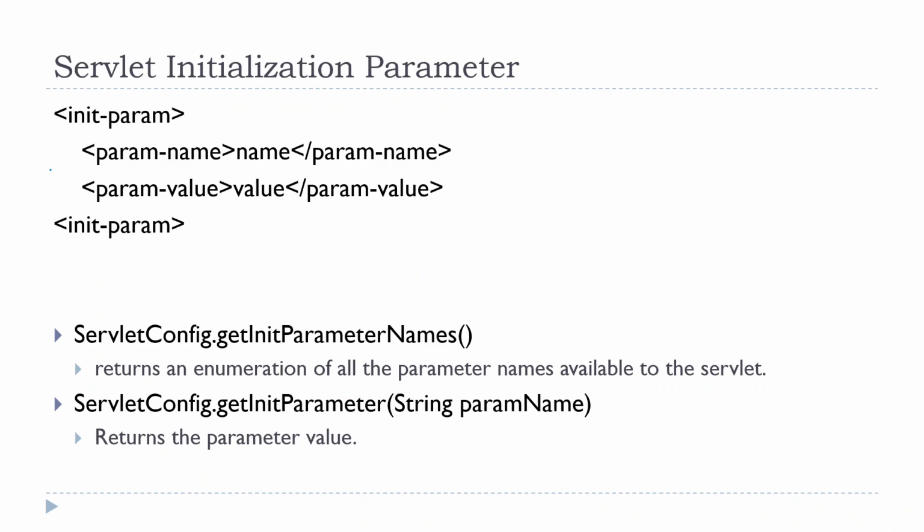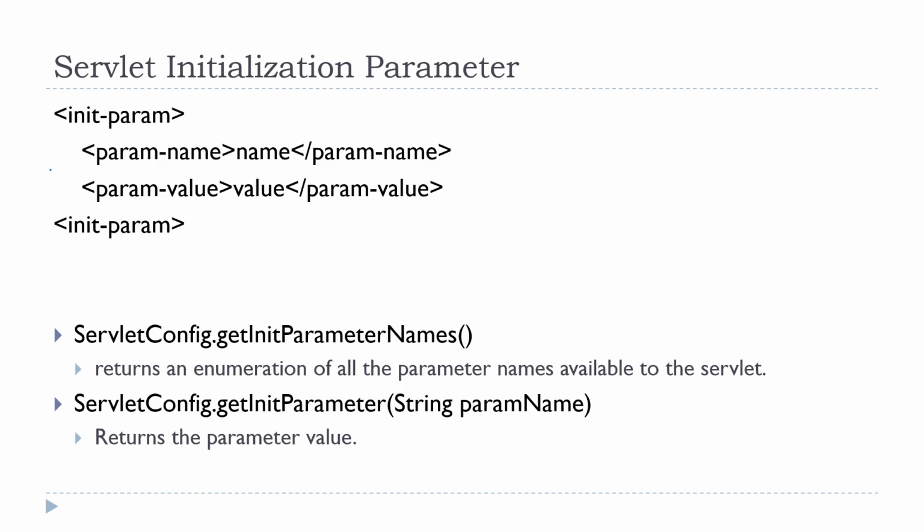Next, the servlet initialization parameter. These initialization parameters are basically used to initialize some values. So basically, if we want to store some values which are related to our application and they might be useful for initializing our application, then we can store them as the init parameter in the web.xml file. There are two types of init parameters.